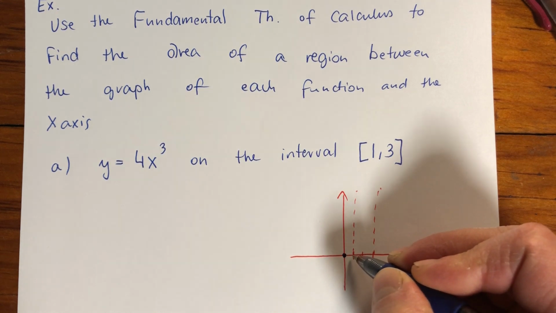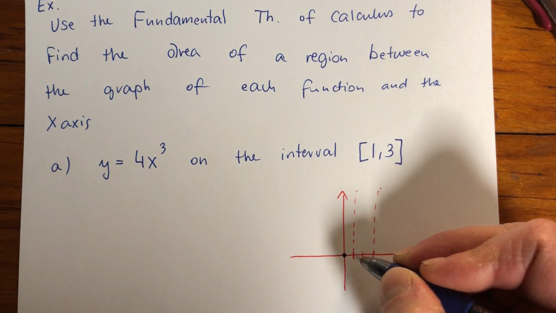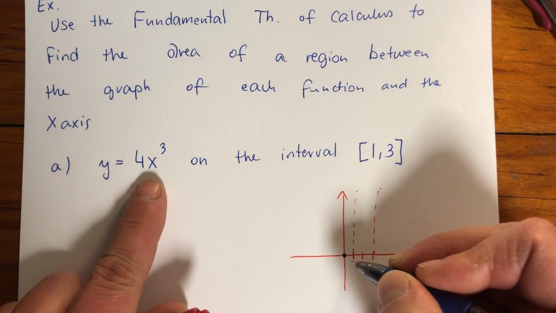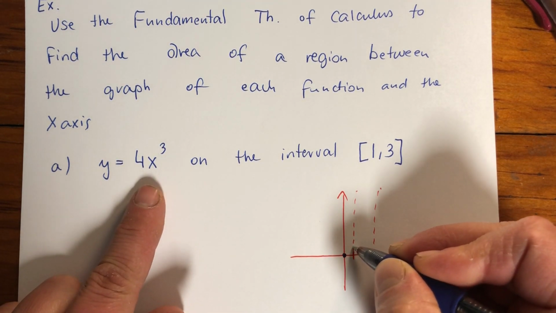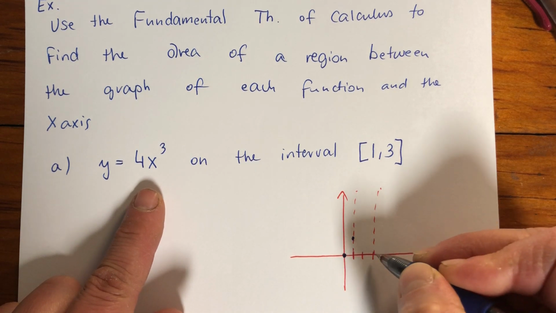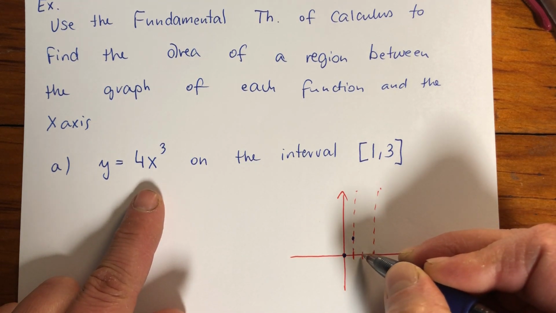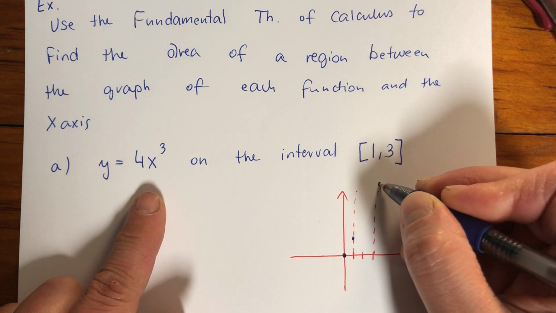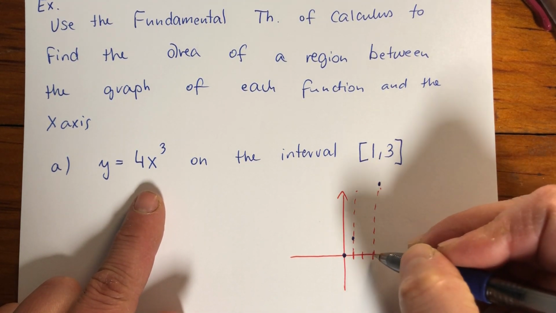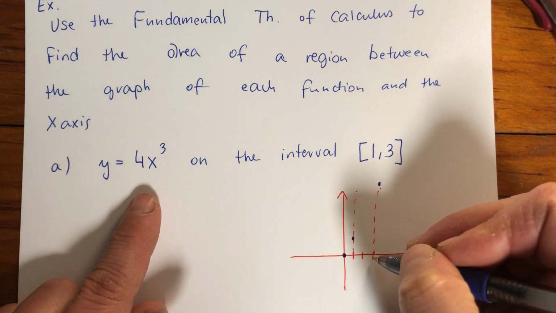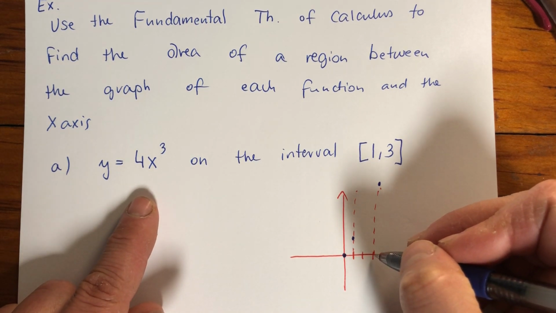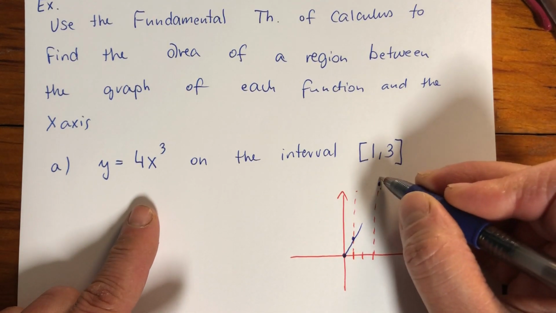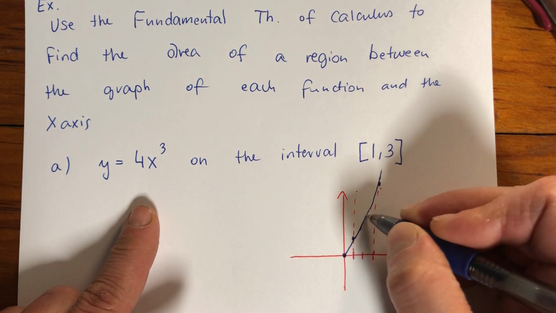For 1, I would be at 4. For 2, well, it grows pretty quick. For 4 to the power of 3, 4 times 4 is 16, 64 times 4, well, really a large number. All right, but I do see that this is happening.